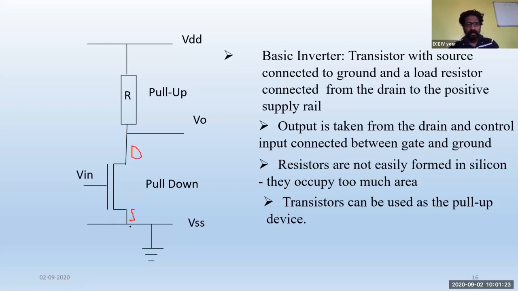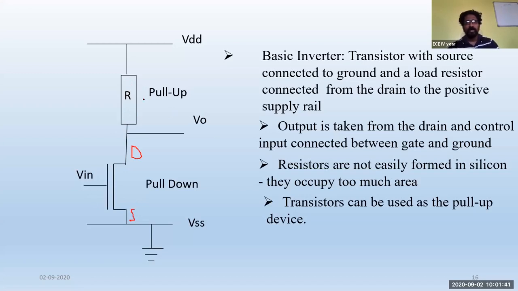You can see that the source of the NMOS is connected to the ground terminal, and the resistor is acting as an active load. This active load part is called a pull-up device, and the transistor is called a pull-down device.